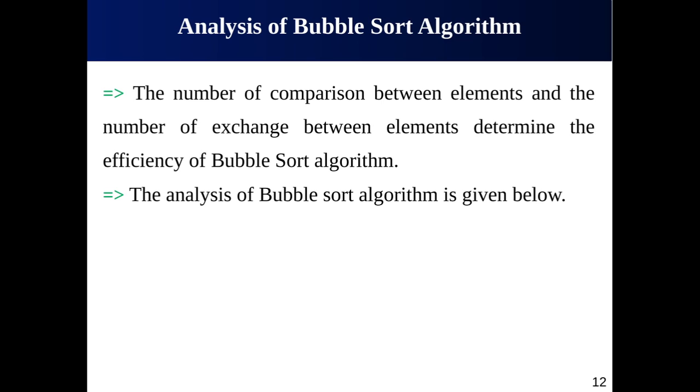In searching, I told you that the worst case occurs when the element for which you are searching is present at the last location in the list, or the worst case happens when you are searching for an element and the element is not present in the list, or it is present in the list but it is at the last location.